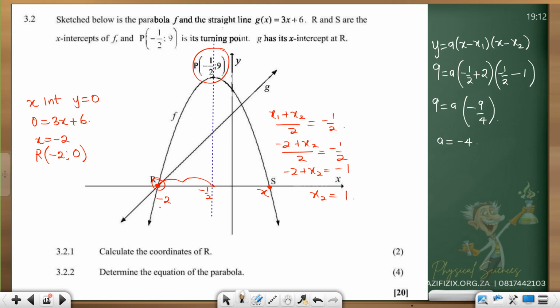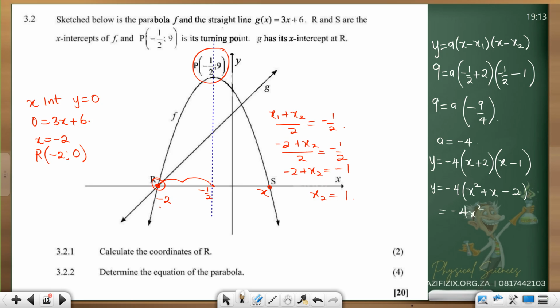And then I throw that back into my equation. y equals negative 4 into bracket (x minus x1), which is x plus 2, and x minus 1. I'm sure you know how to FOIL. This will give you x squared, 2 minus 1 is 1, and 2 minus 2 times that will give us negative 2.